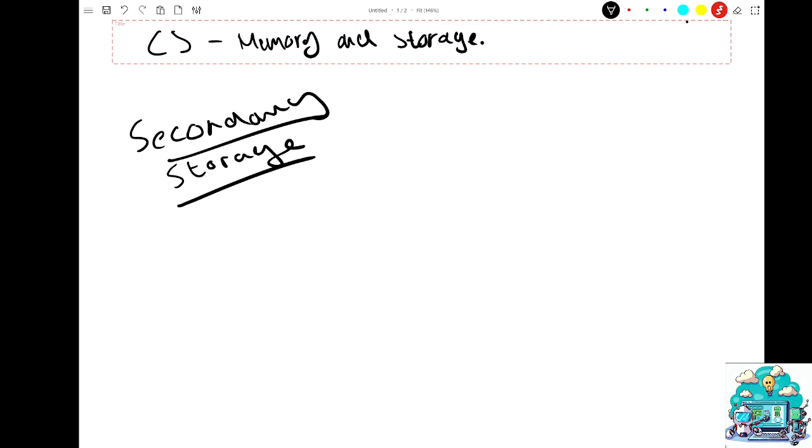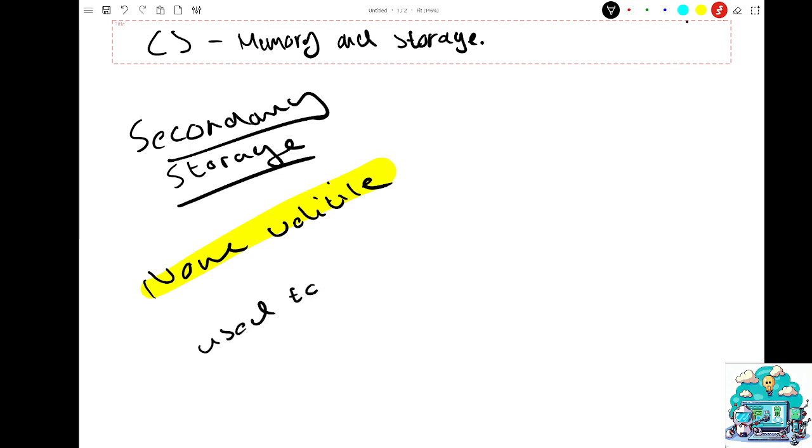So secondary storage is non-volatile and used to store files and applications.